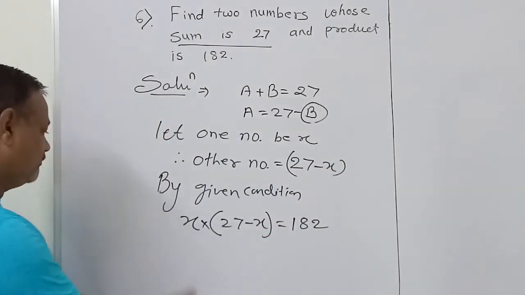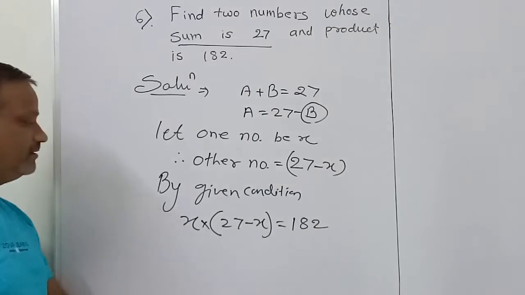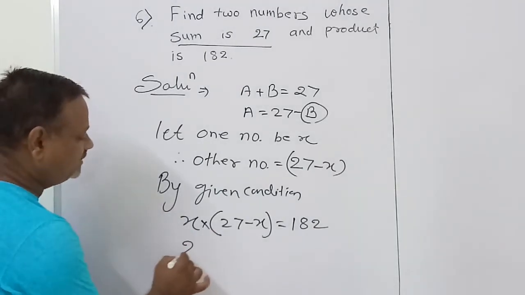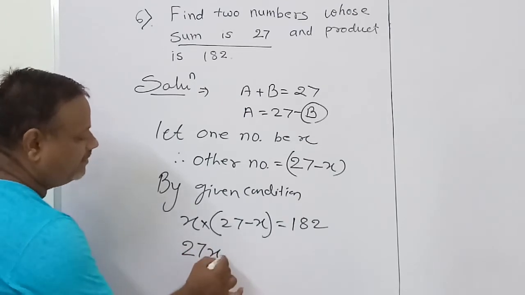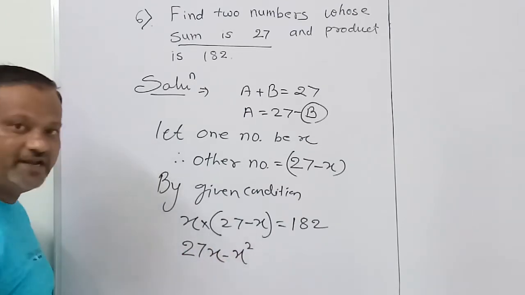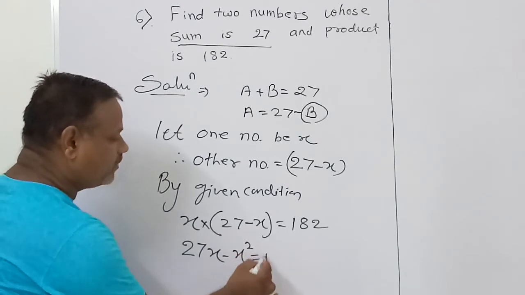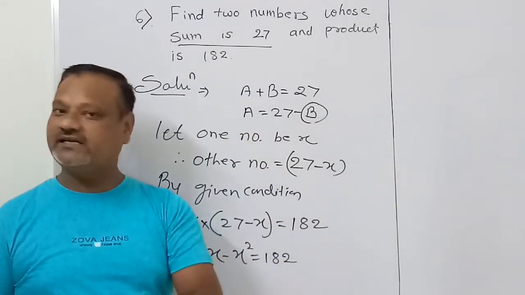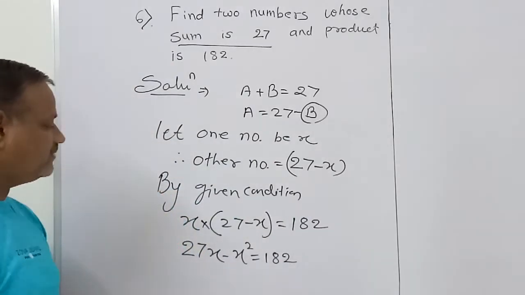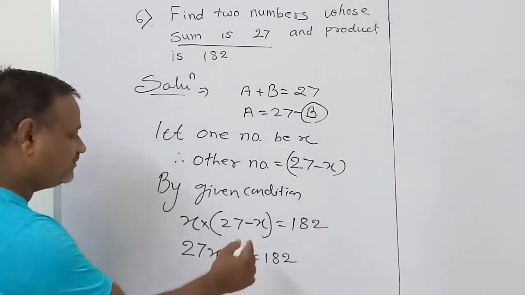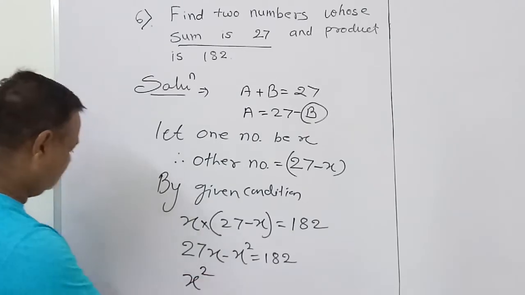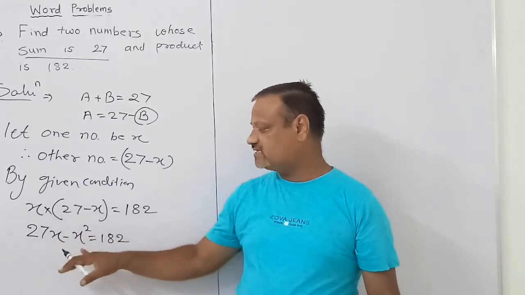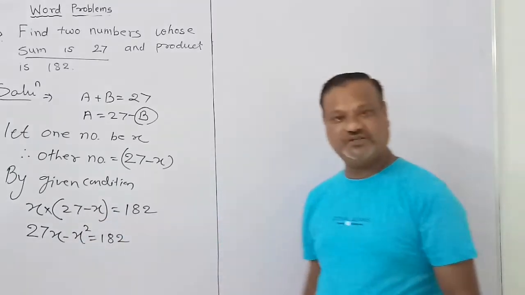Understood? Therefore we multiply this bracket by x. Therefore here 27x minus x square, got it, is equal to 182. Now we will transfer everything to one place.